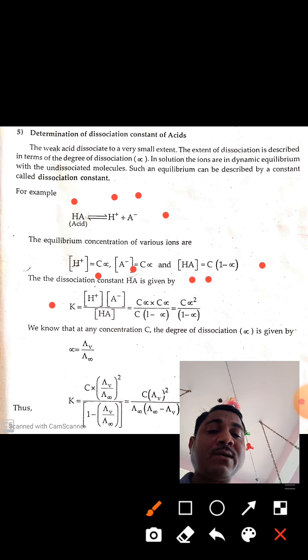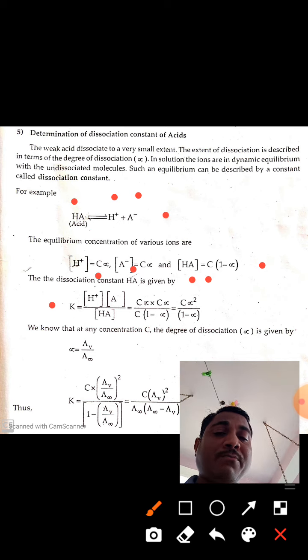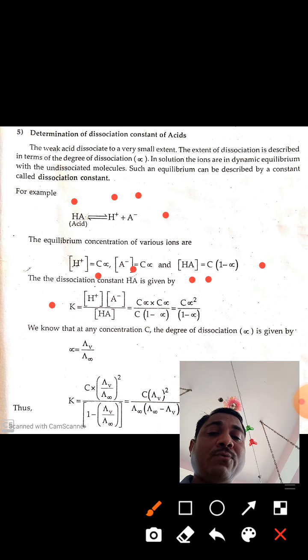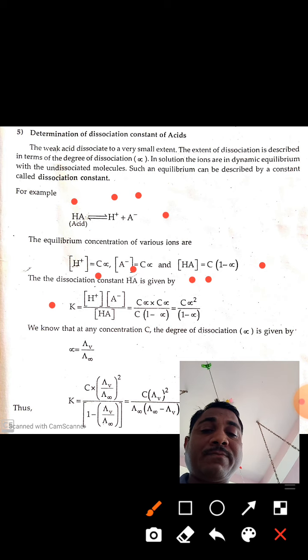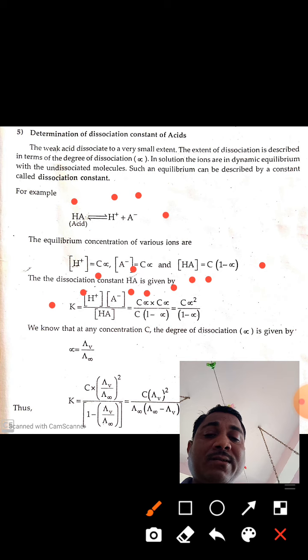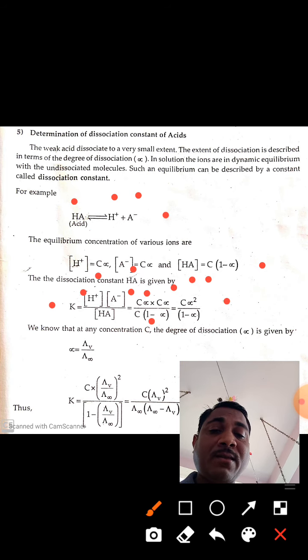We put in the values: C alpha for H positive ion, C alpha for A negative ion, and C(1 minus alpha) for HA. C cancels out, and finally we get C alpha square divided by 1 minus alpha.